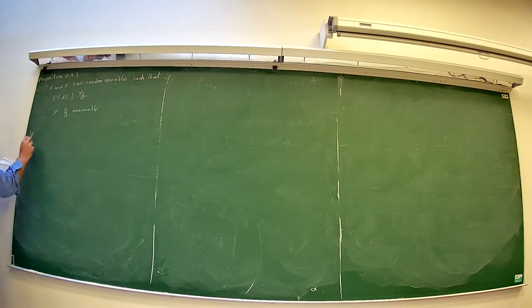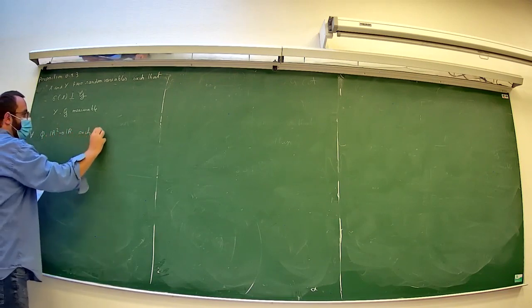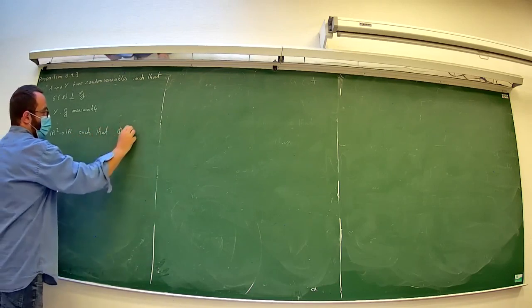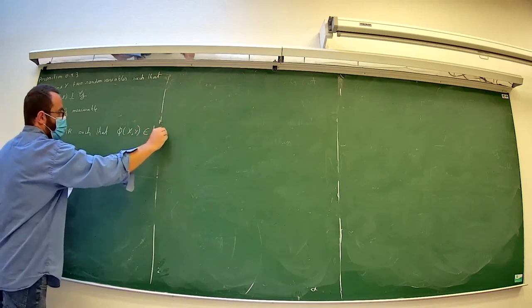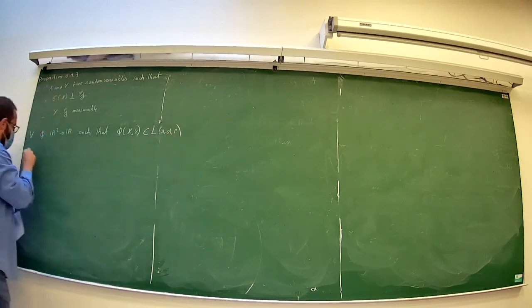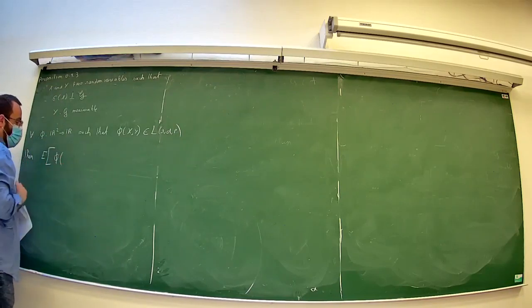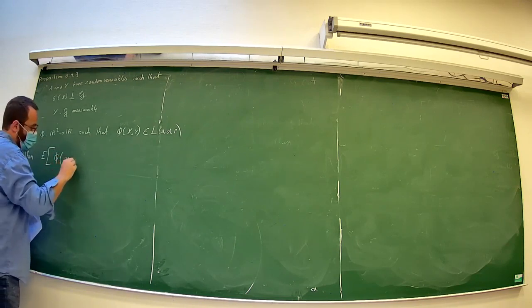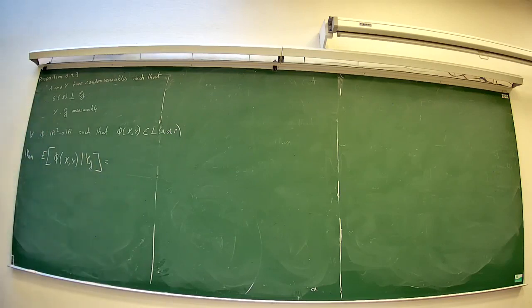For all phi from R squared into R such that phi of X, Y belongs to L1 of omega, A, P, then it is possible to compute the conditional expectation of phi of X, Y given J. What I know from the definition is that it is J measurable, but I can be a little bit more precise.